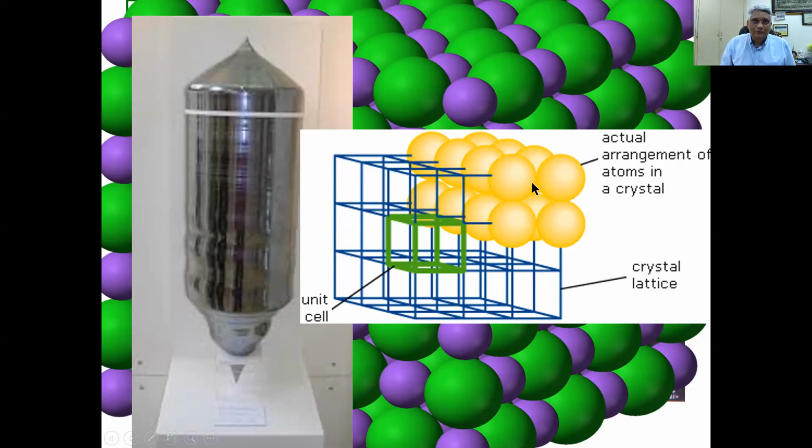There's a perfect periodic arrangement of atoms in the crystal, all the way from one end to the other in all 3 dimensions. That means this entire volume should have atomic arrangement in a perfect periodic way, in all 3 dimensions. But there are no perfect crystals, you know that, right?